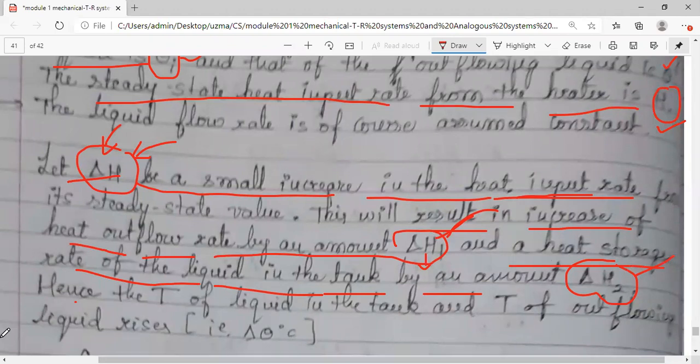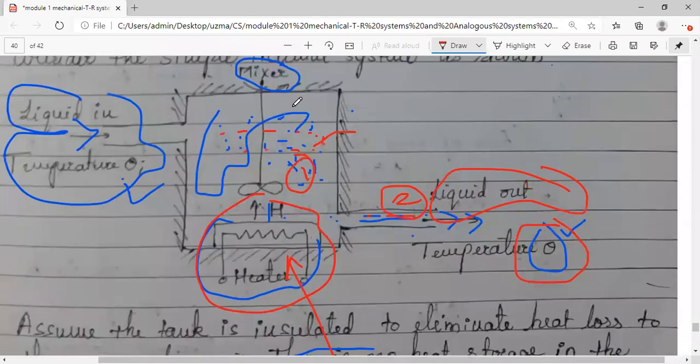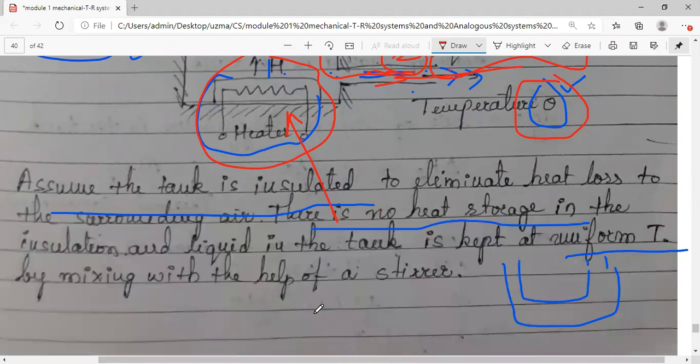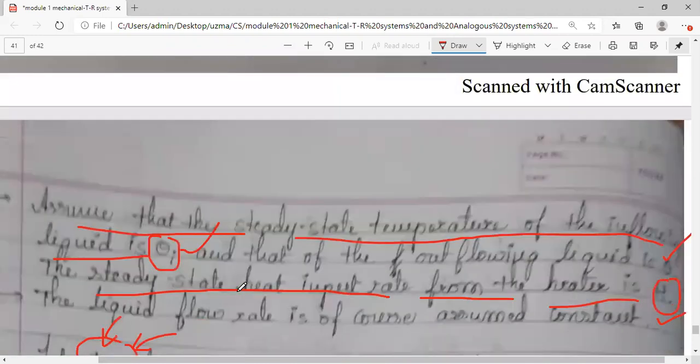These two will change, and in turn one more change will happen: the temperature of the liquid inside the tank and the temperature of the outflow. This is obvious because when you supply heat, the temperature of the liquid inside the tank will change. If the temperature changes, the liquid goes out with the same changed temperature. So the temperatures will increase, because you are increasing the heat.